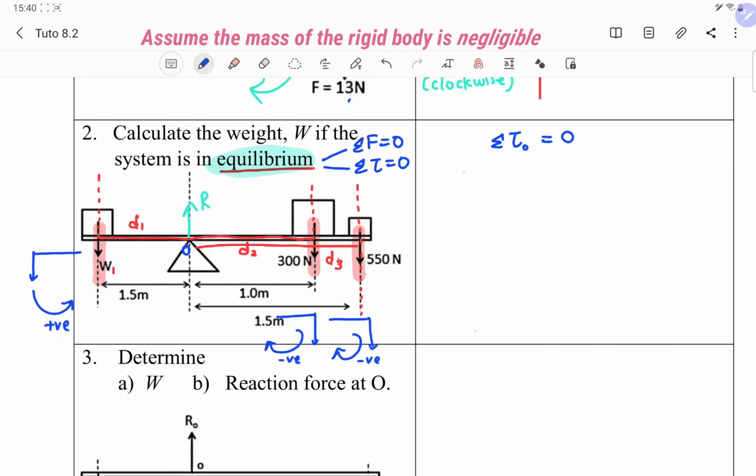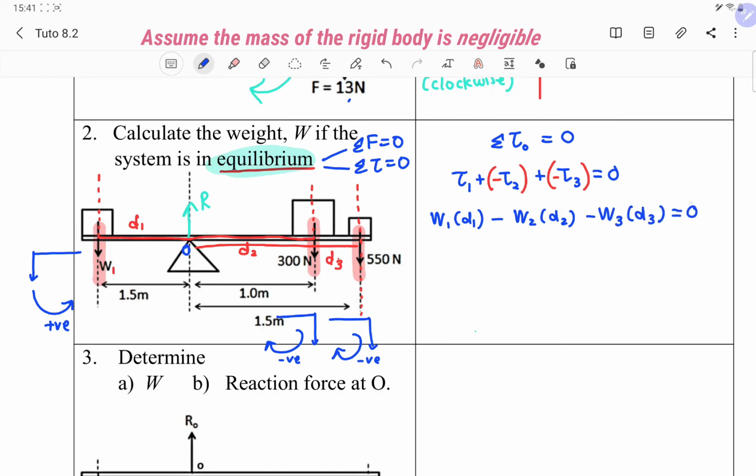Therefore, the summation of torque is torque 1 plus torque 2 plus torque 3 equals 0. But torque 2 is negative and torque 3 is also negative. So we just substitute the values: W1 D1 minus W2 D2 minus W3 D3 equals 0. Then substitute the values, you will get W1 is equal to 750 Newton.